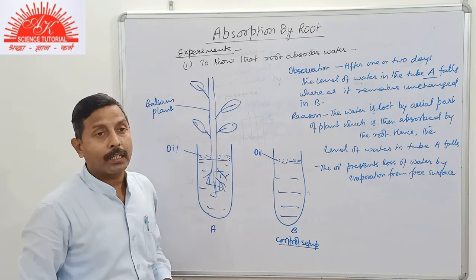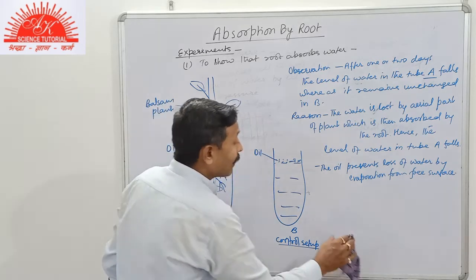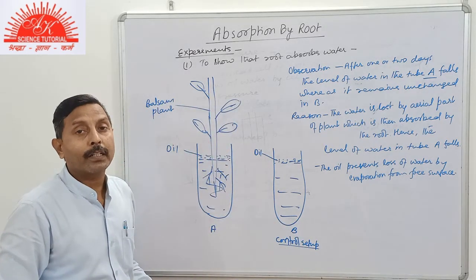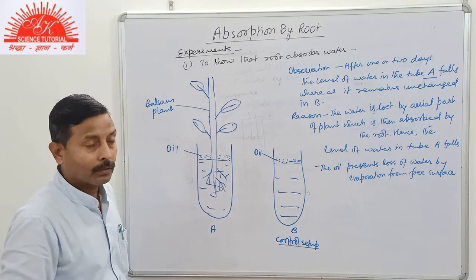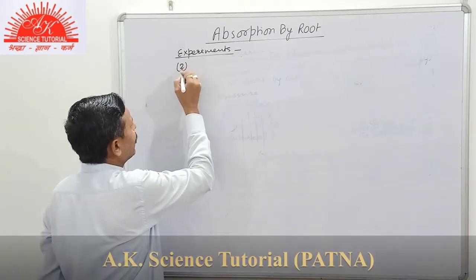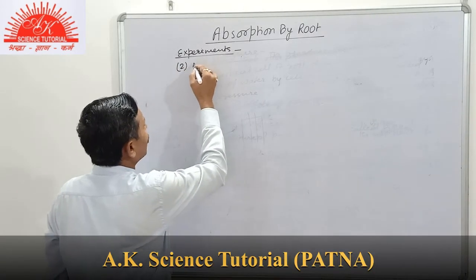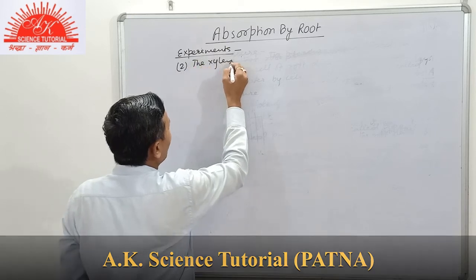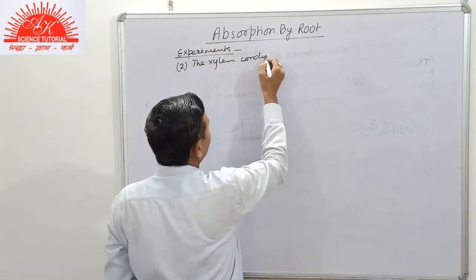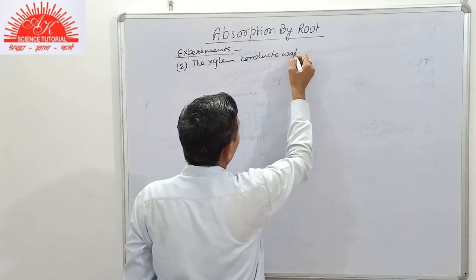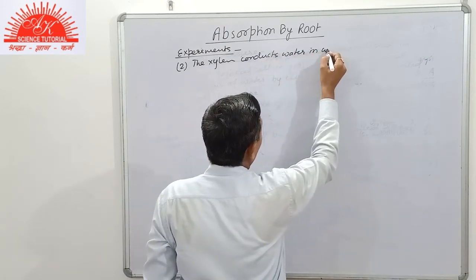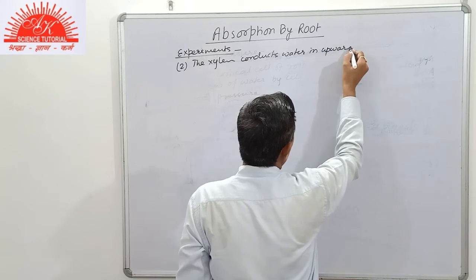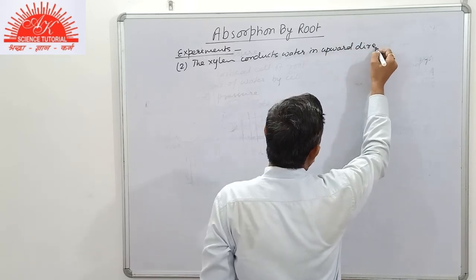Now we will study the experiments related to transport of materials by xylem and phloem. In this experiment we are studying that the xylem conducts water in the upward direction.